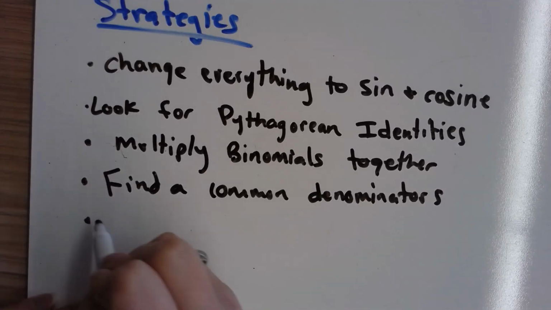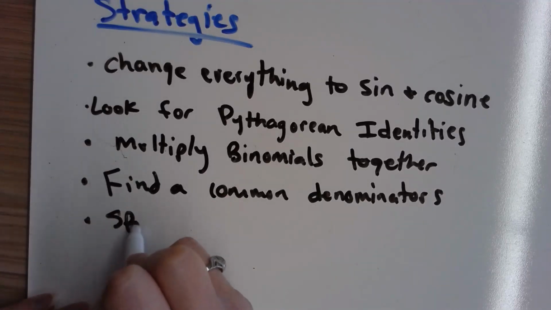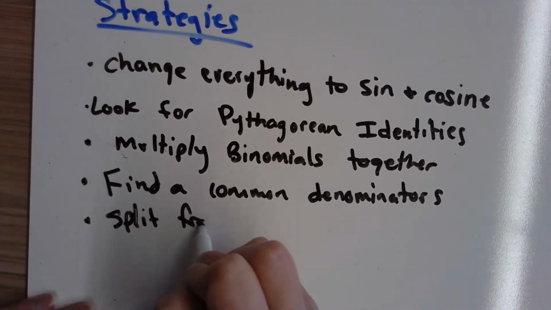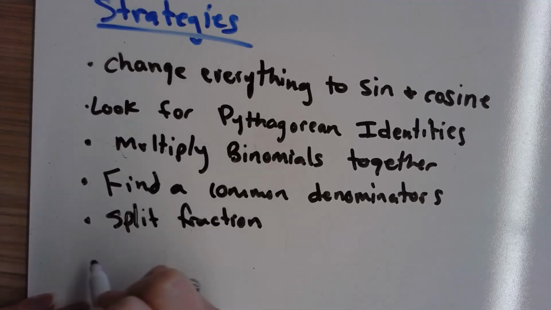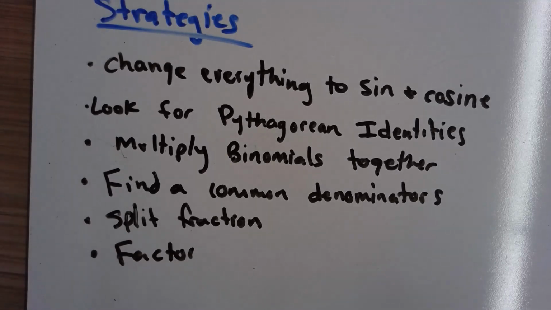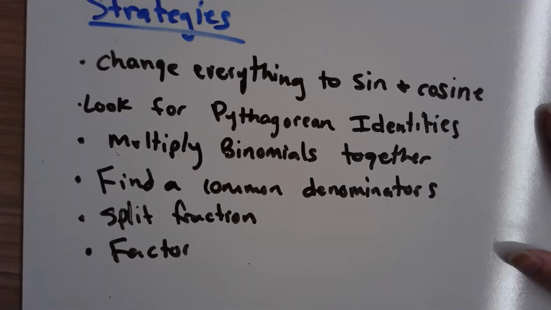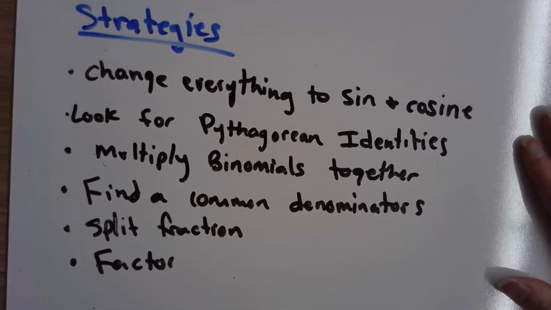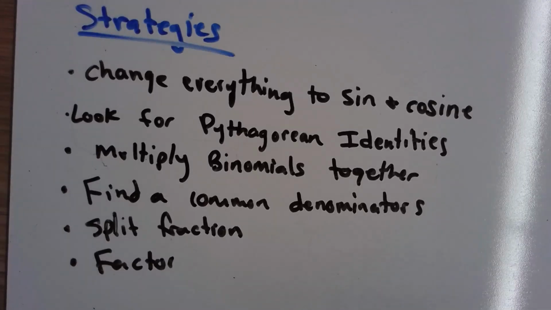Okay, if you can split fractions, factor, okay, a lot of different things you can do. These are the main strategies I tend to use when I am simplifying identities. And as I said, this is kind of a creative process. You get to pick and choose how it goes.